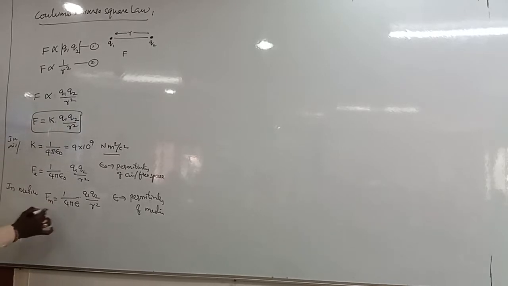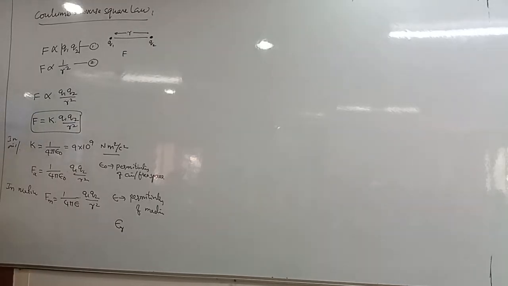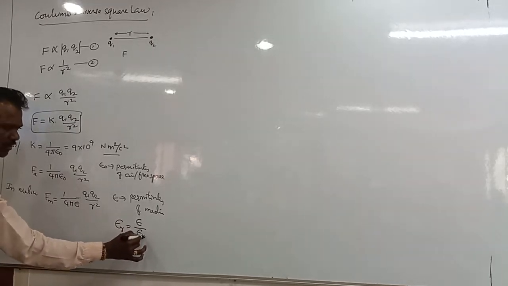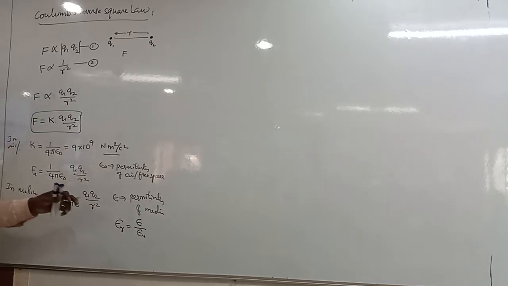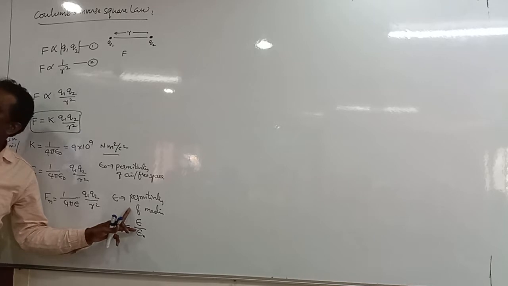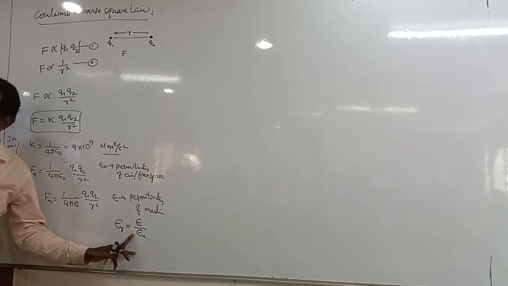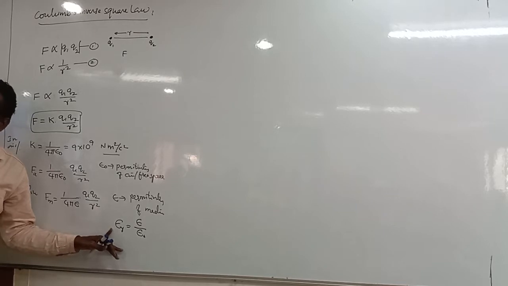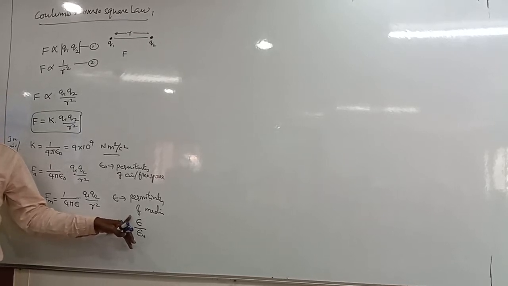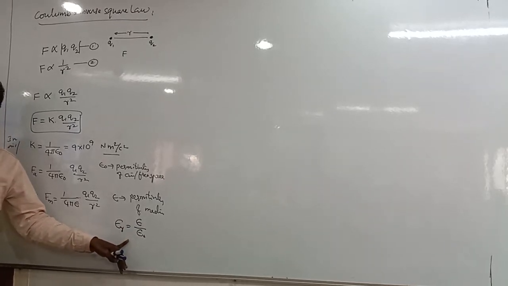See here, epsilon r is the relative permittivity, that is equal to, we can write here, epsilon by epsilon naught, means what? The ratio of permittivity of a medium to the permittivity of air or free space. That is nothing but comparing the permittivity of one medium with respect to the air medium, air or free space.